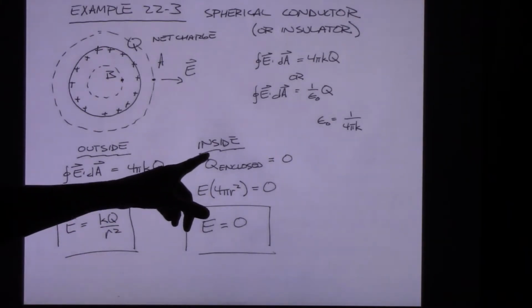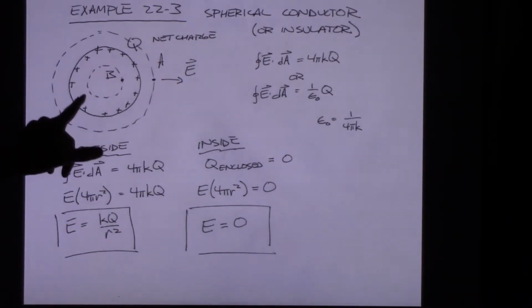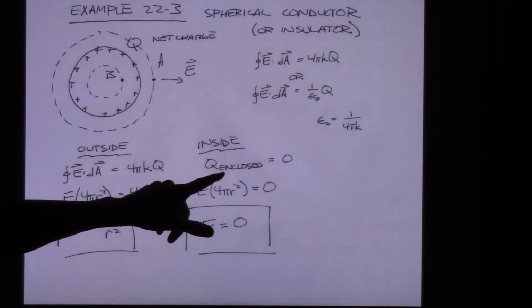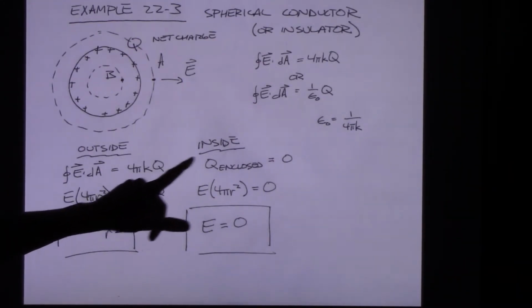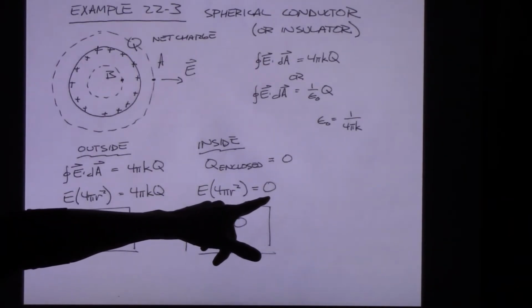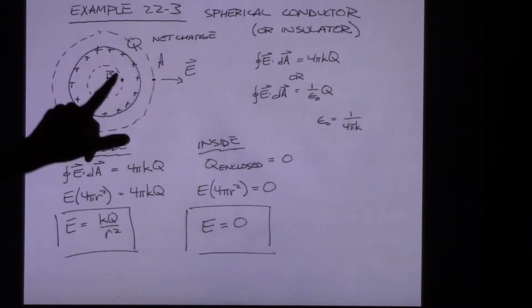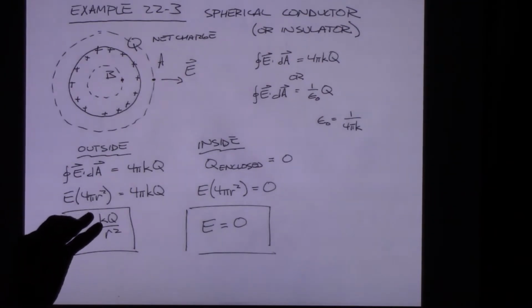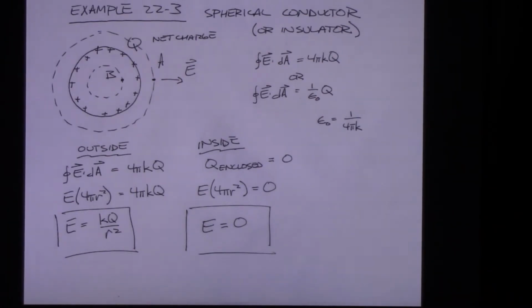Now, what happens inside is that if we draw a Gaussian surface anywhere inside here, there is no enclosed charge. And so the Q in this case becomes 0, and that says that everywhere inside here, not just at the center, but everywhere inside here, the electric field will cancel to be 0.